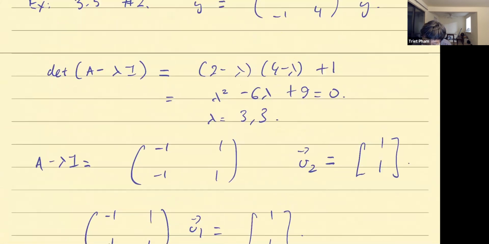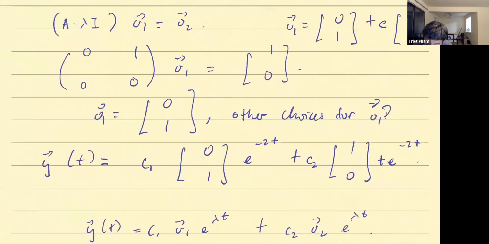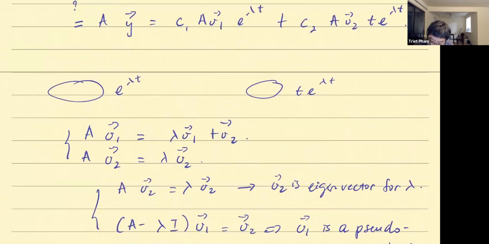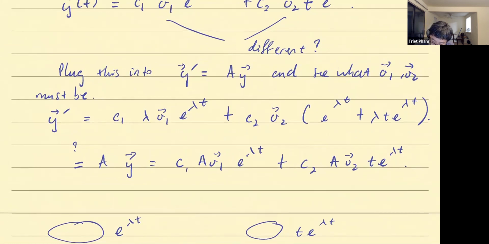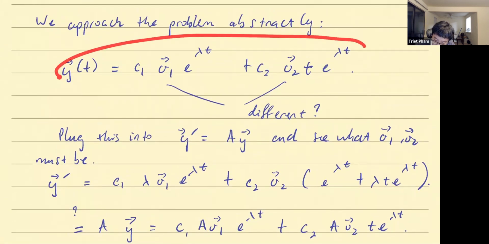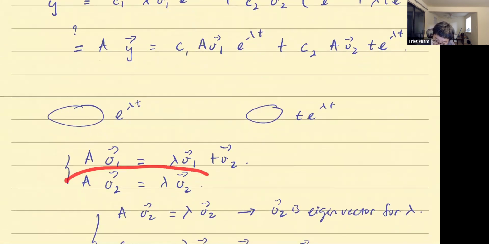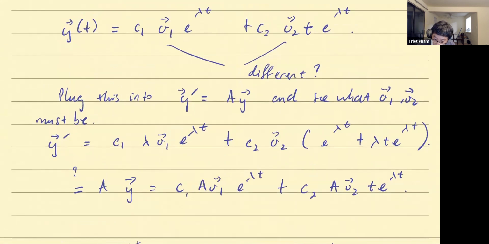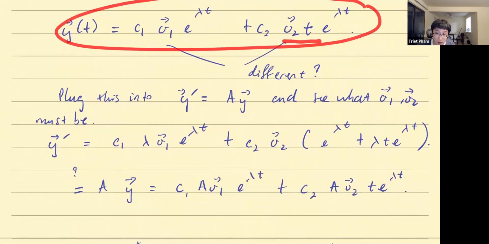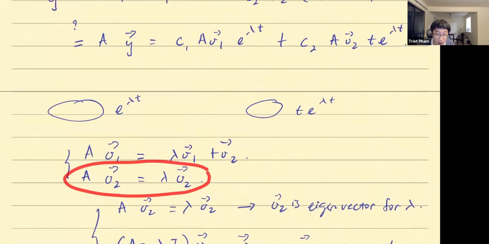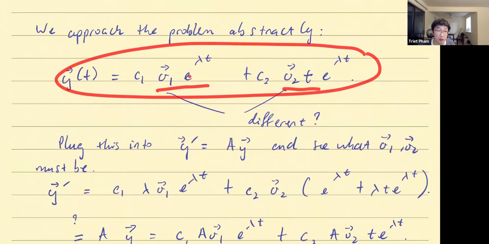Where was it? For Nigel's question, I start out with this structure, and I plug in and I figure out that V2 must be the eigenvector. So V2, the eigenvector, is the one that got the t. V1 is the pseudo eigenvector, so V1 is the one that does not have the t.